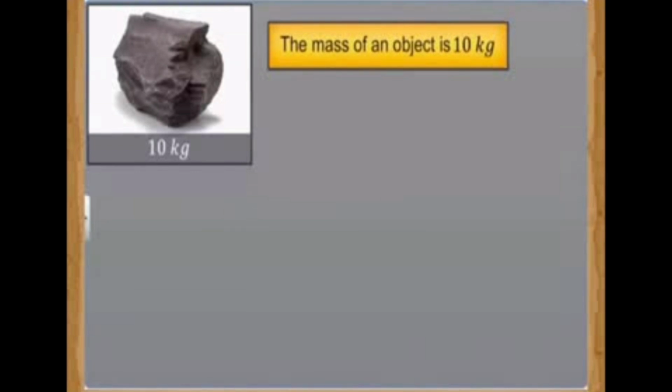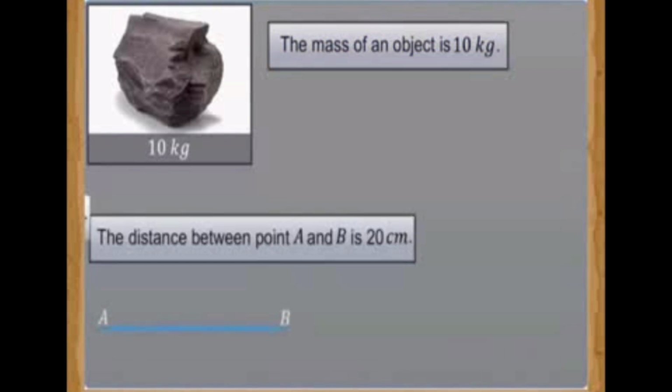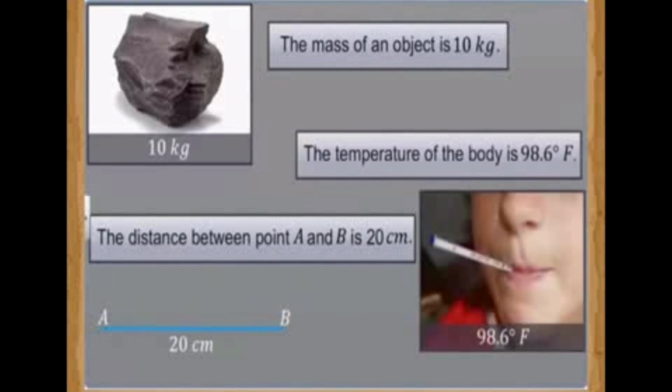Another example of a scalar: suppose you are drawing a line from A to B. The distance between points A and B is 20 centimeters. So here it has only magnitude, there is no direction. Another is temperature: when you measure body temperature, it gives a magnitude of 98.6 Fahrenheit. It has only magnitude and does not have any direction.